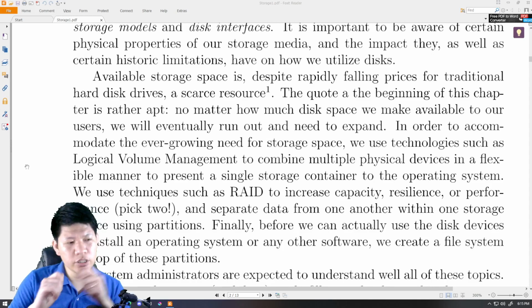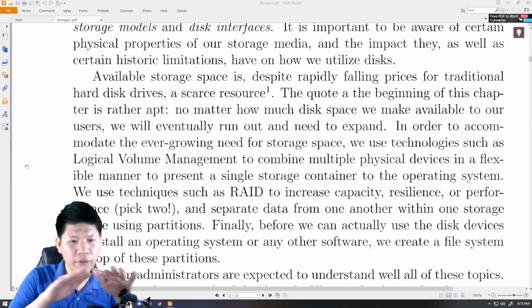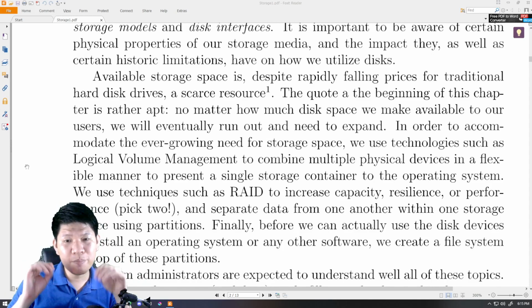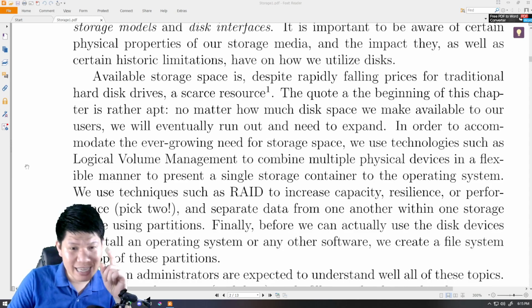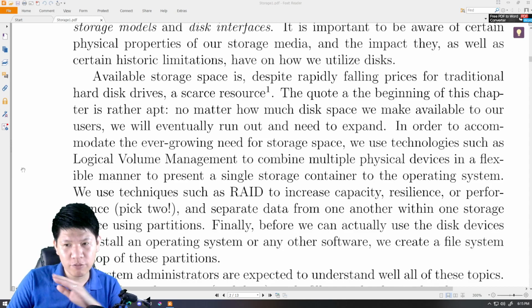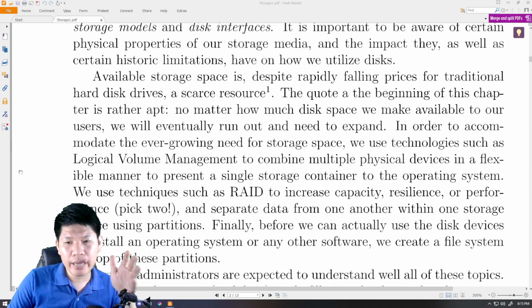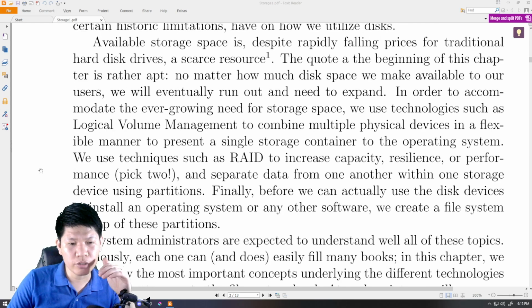Why? In logical volume management, you have multiple hard drives and they will be read by the operating system as a single hard drive with the combined space of all hard drives. For example, you have five 1-terabyte hard drives. You select a configuration for your RAID, because there are different levels of RAID configuration.